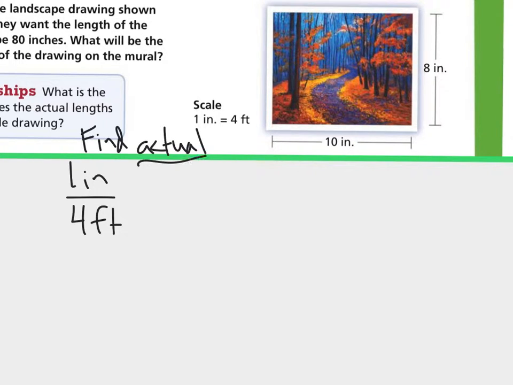Like, we know this is some kind of a picture of it, but if we can find the actual dimensions, I think that's going to be helpful for us on this problem.